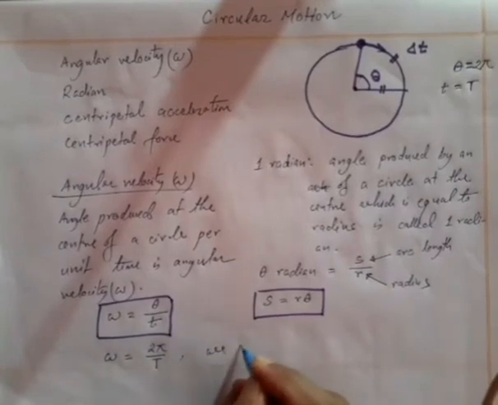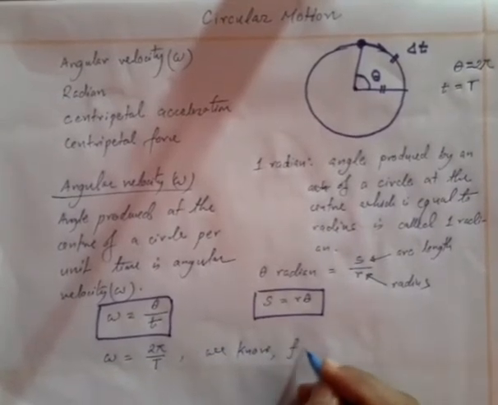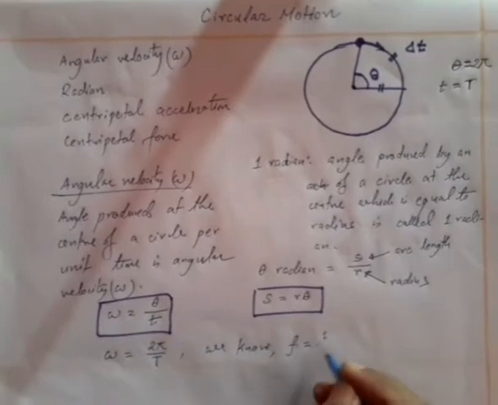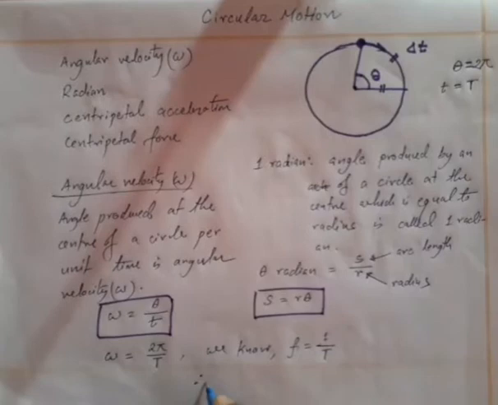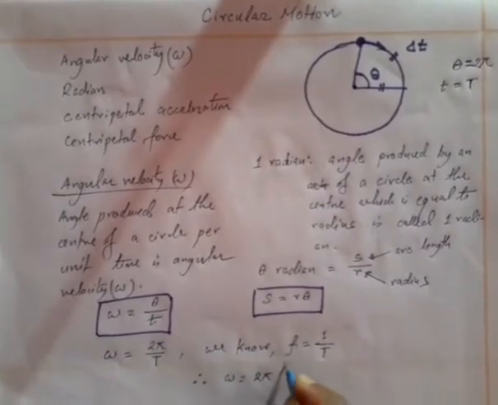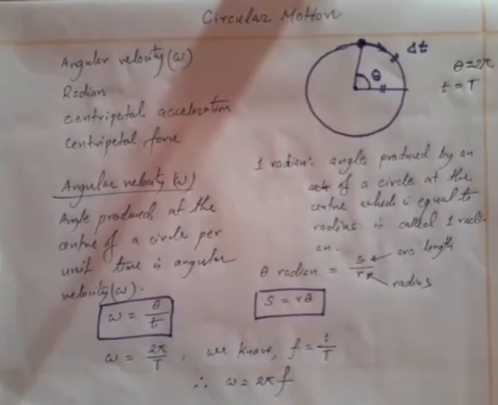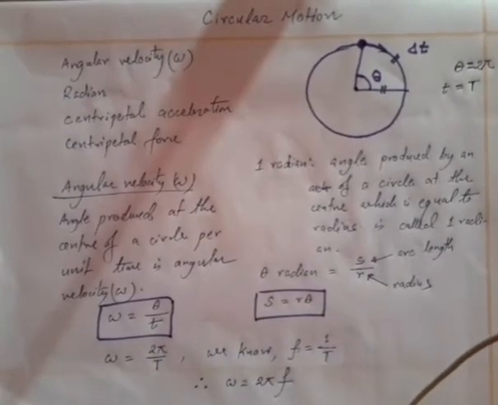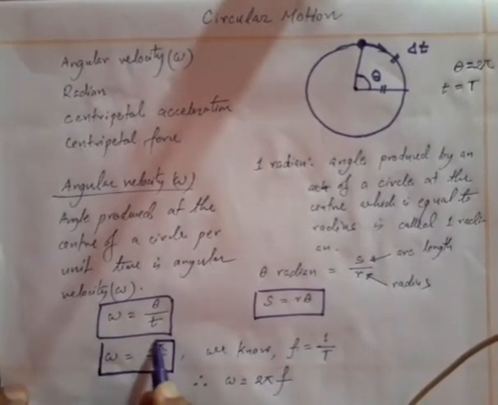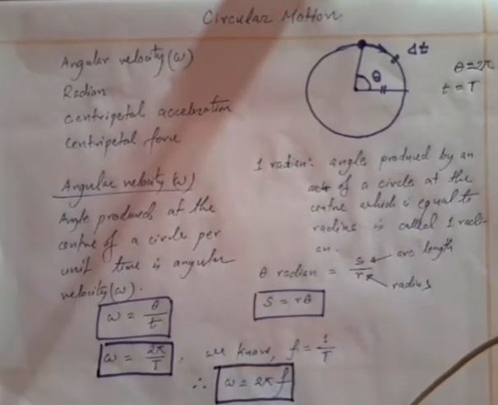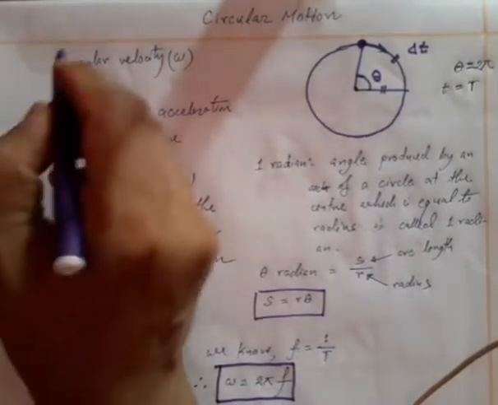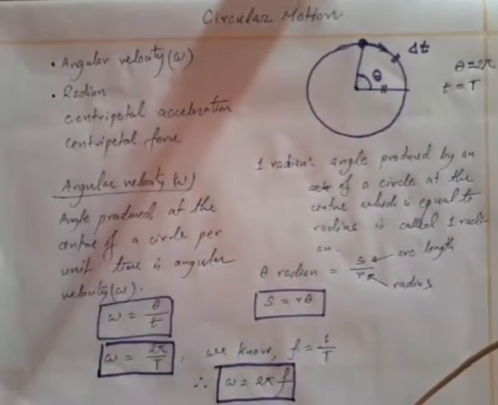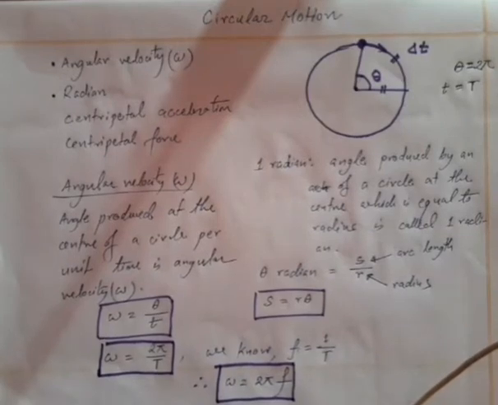So this is a new formula. And another form is f equals 1 by T. We know frequency equals 1 by period. So we can replace 1 by T by f. Omega equals 2 pi f. So we already got 3 more formulas. Omega equals theta by t, omega equals 2 pi by T, omega equals 2 pi f. Okay. Hope you understood.